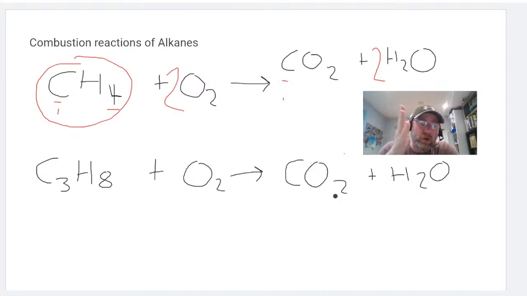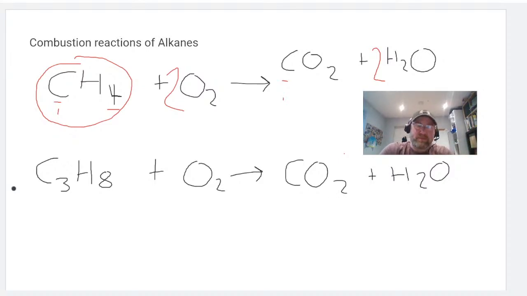You're just going to look at your propane here, C3H8, and I don't know why the server keeps mashing up, but you go to C3 and there's 3 carbons, so that means I need 3 carbon dioxides. And then you'd look at H8 and say there's 8 H's. How many H2O's do you need if you've got 8 H's in the fuel?